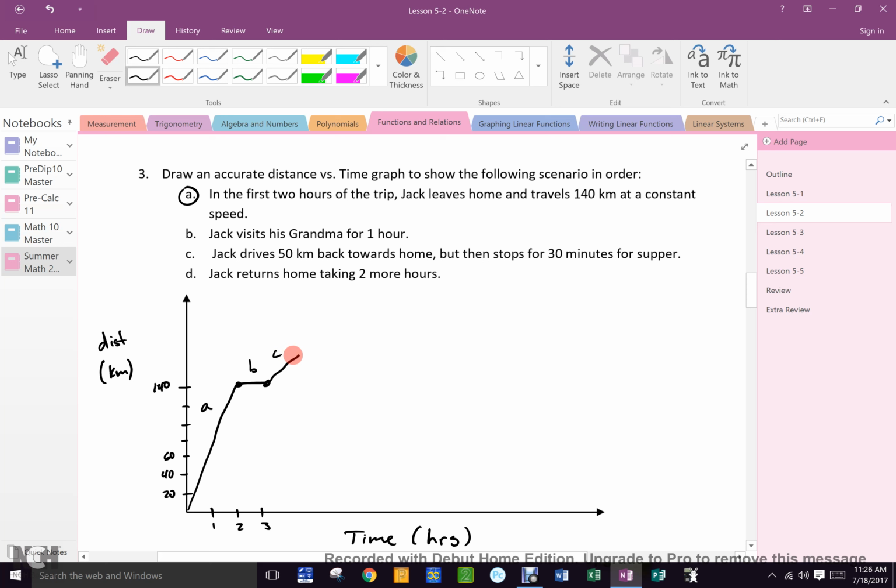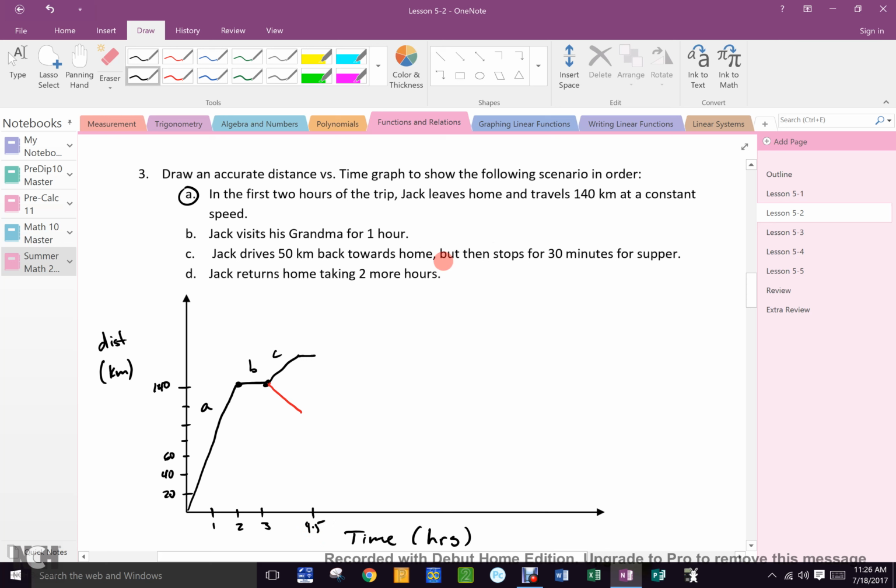Now, please stop. If you drew this line, which I'm going to draw in red, it has value, and I'm going to talk about it in a minute. But if you drew this line wrong, fix it now. What then happened for 30 minutes after I drove? I ate some supper for 30 minutes. So half an hour, I got a flat line. So here I am at, say, 4.5.